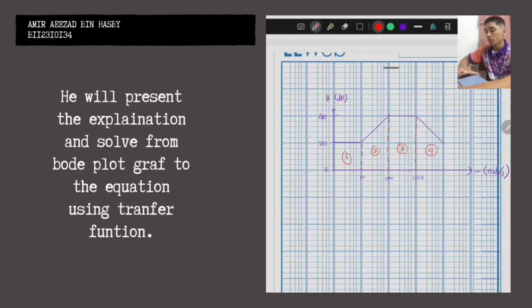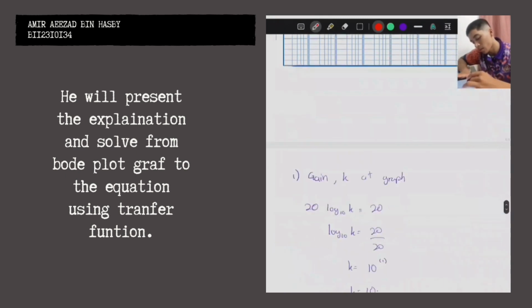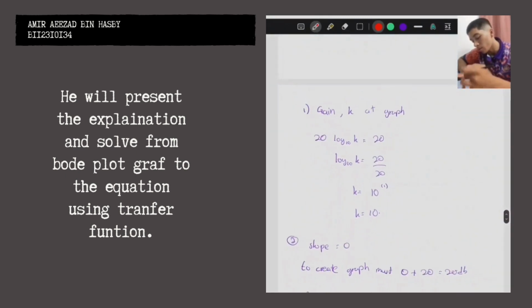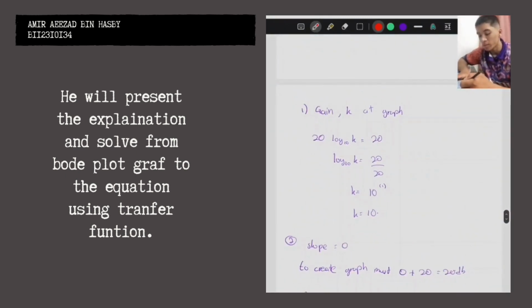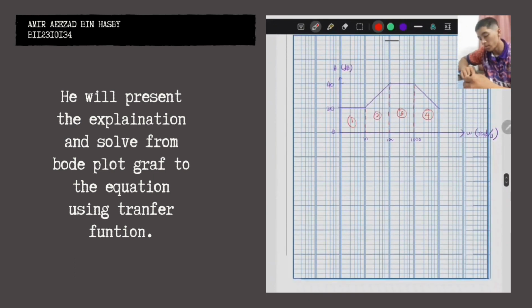So we're going to do it one by one. So from the first part, we can find the gain K from the graph. So based on the graph, you can see that the graph begins under 20 decibel.